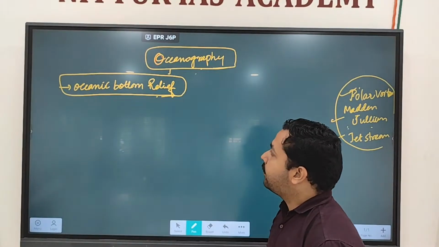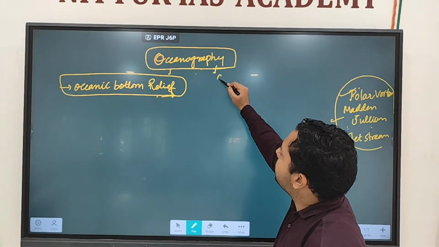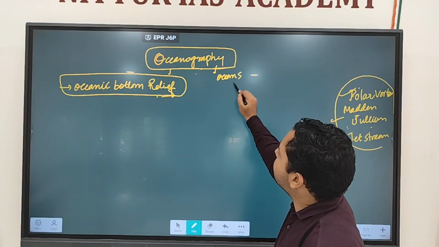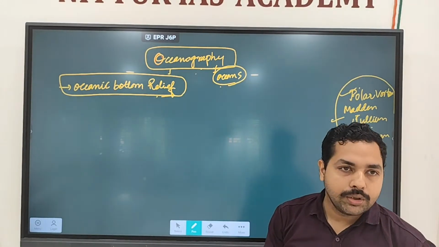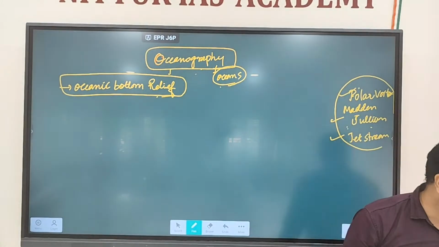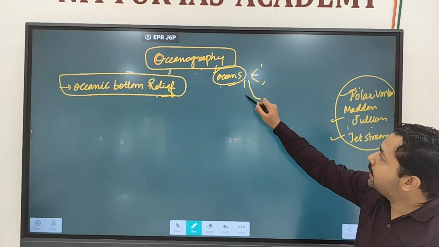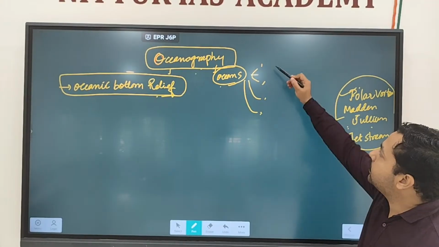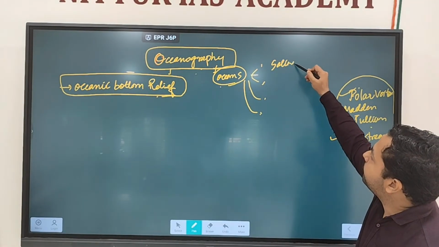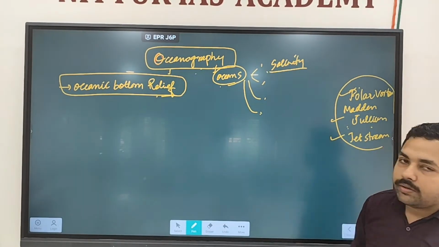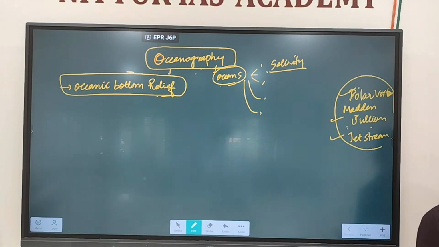So what is oceanography? The first thing, you have to study about oceans. All things related to the oceans, you have to study in the oceanography part. So what things do you have to study? The first thing, salinity of the oceans. Why is the ocean water saline in nature?